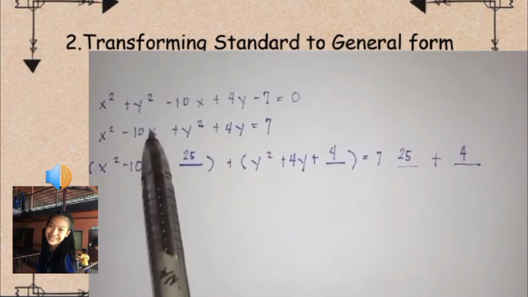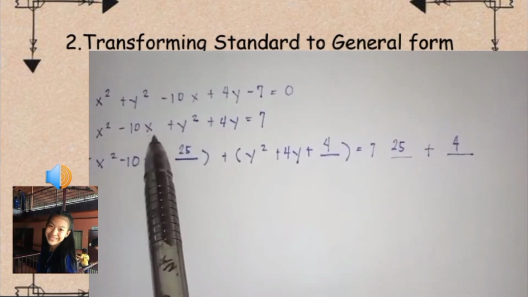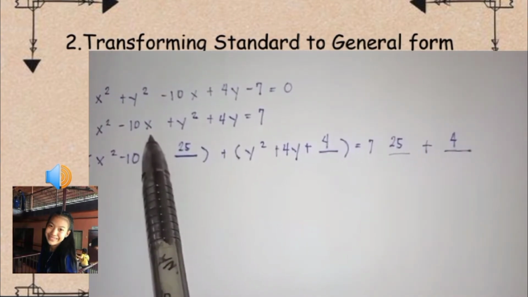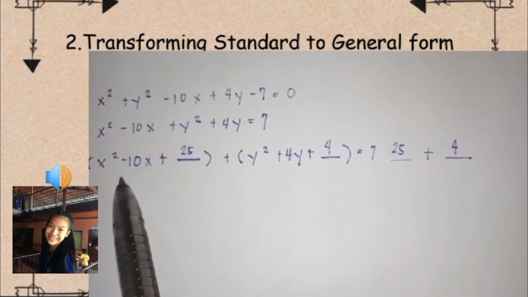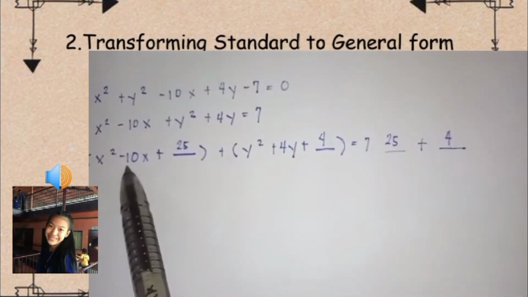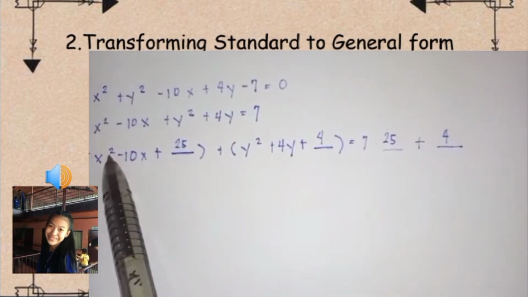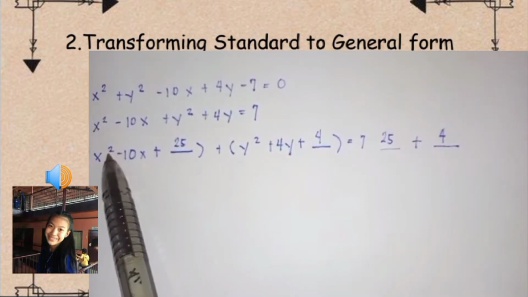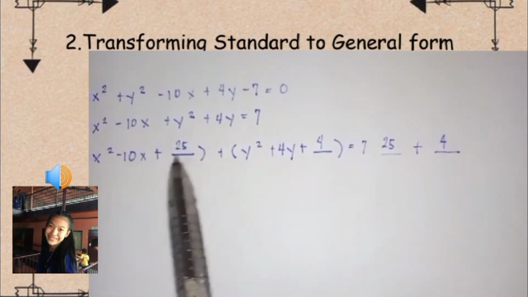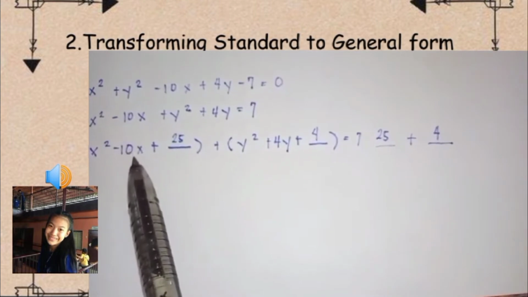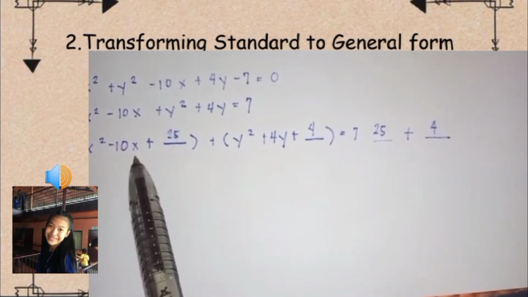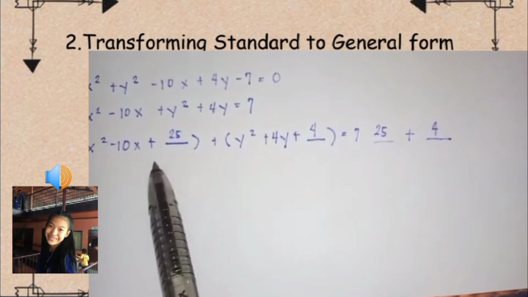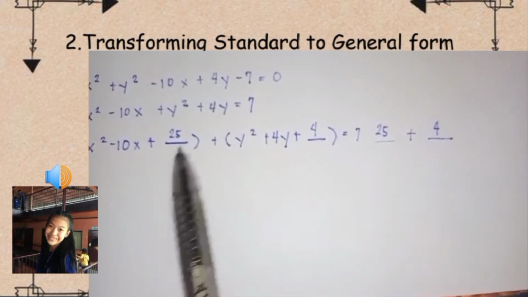Now, make our expression inside the parentheses a perfect square trinomial. The middle term is negative 10, divided by 2 is equal to negative 5, and 5 squared is equal to 25.